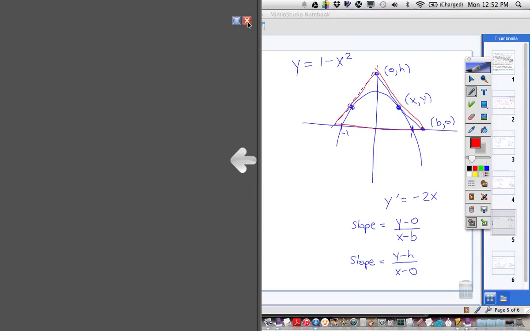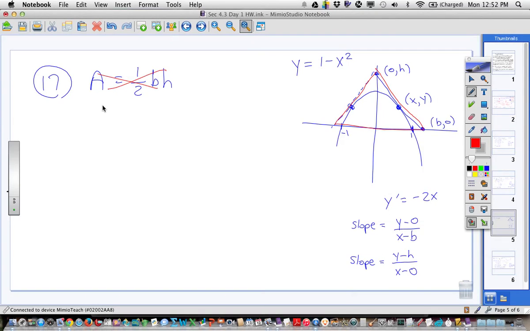Now, mine's actually wrong here. The way I've labeled this, I labeled this as b, comma 0, but that's only measured from the y-axis, right? So it's b to there. So my red triangle actually has a base of 2b, right?